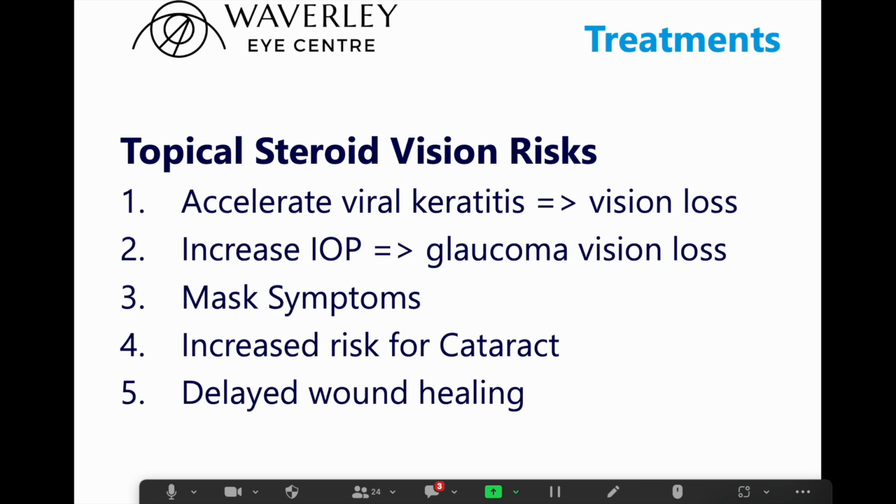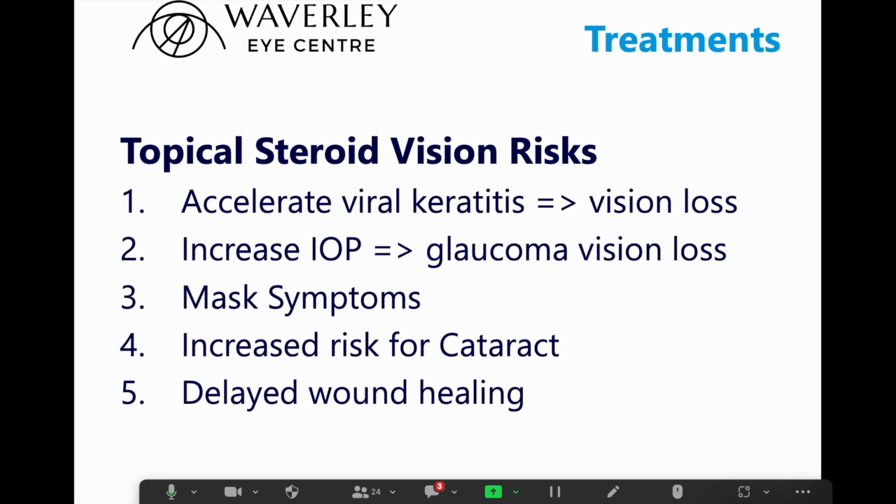So let's talk about topical steroid use and the risk. Why do you need to be careful about using topical steroids in the eyes? Number one, it can accelerate any viral keratitis, which can progress to vision loss very, very quickly. It can increase the pressure in the eye and cause the risk for glaucoma vision loss.